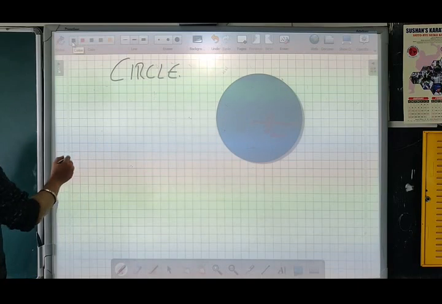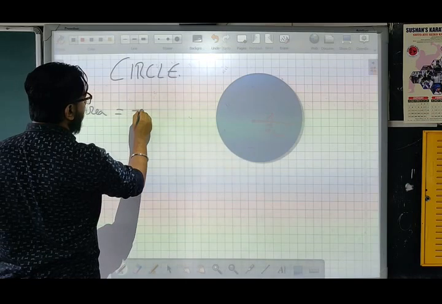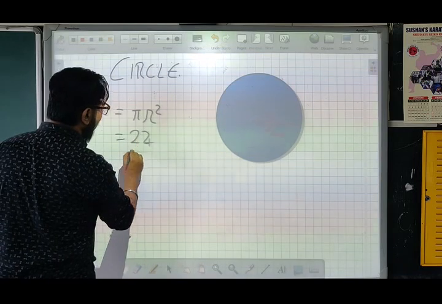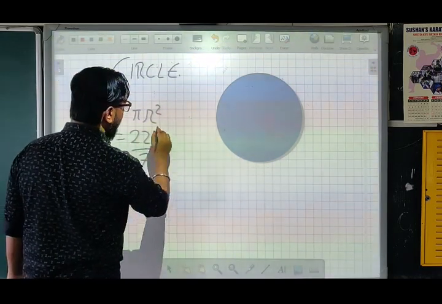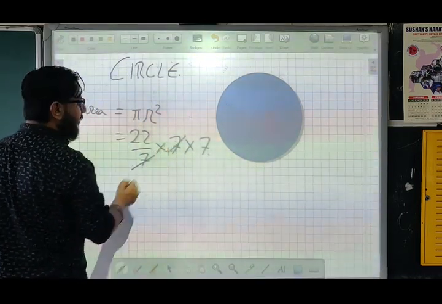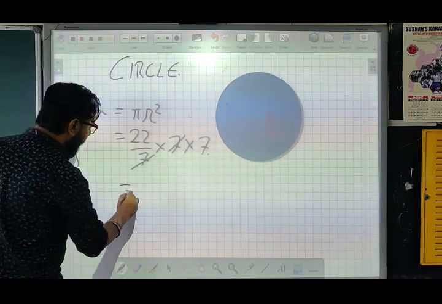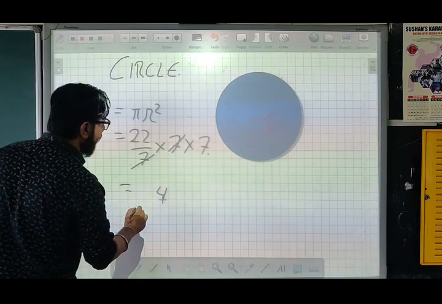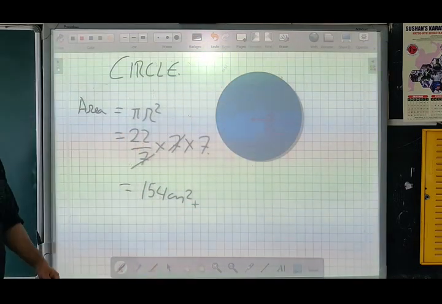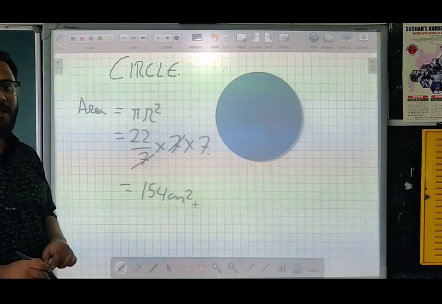So the area of the circle is pi r square. The value of pi is 22 by 7, into r square, which is 7 into 7. You cancel 7s, then 7 into 22 is 154 centimeter square. So that is the area of a circle with radius 7 centimeter.